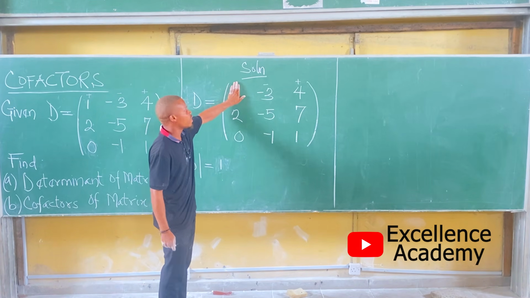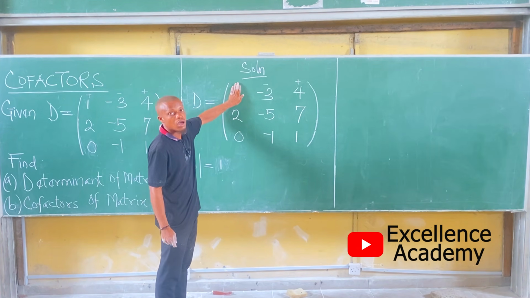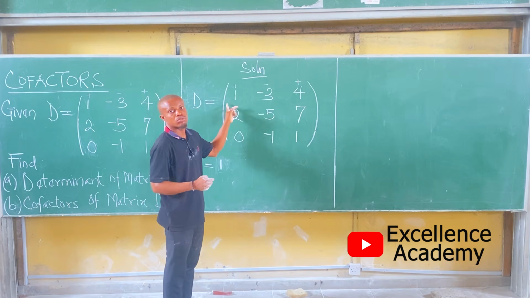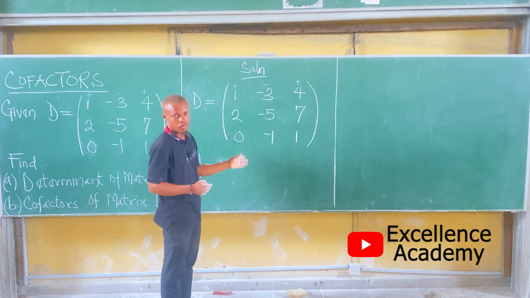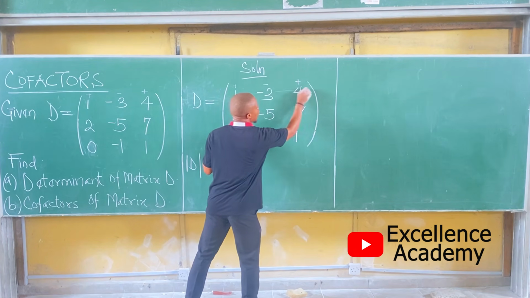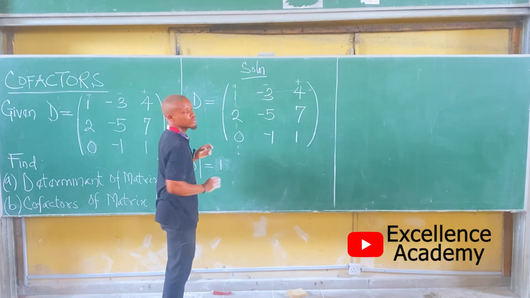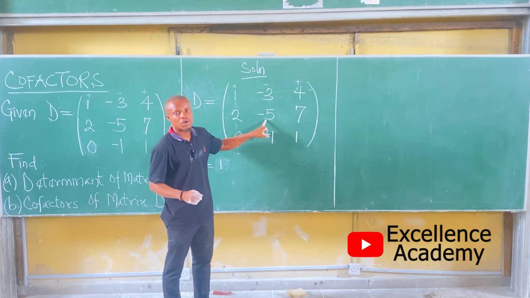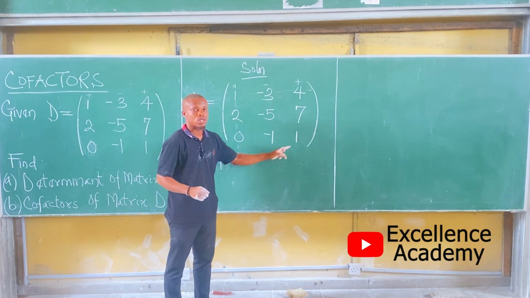I'll pick the first element there and cover the row and column on which it appears. My 1 is appearing on my first row, of course, and the first column. So I'm having this out and this out. These are the elements left: minus 5, 7, minus 1 and 1.